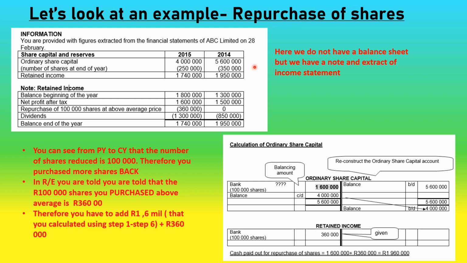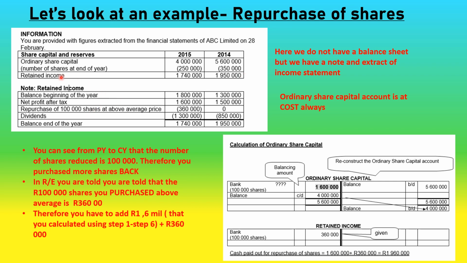So you can't think of it like an asset. If you thought this was an asset, you would have said, well, that means I've actually sold shares. You haven't sold shares, you've purchased shares. How shares works is you've got 350,000 shares in the market last year. This year you've got 250,000 shares in the market, which means you purchased 100,000 shares.